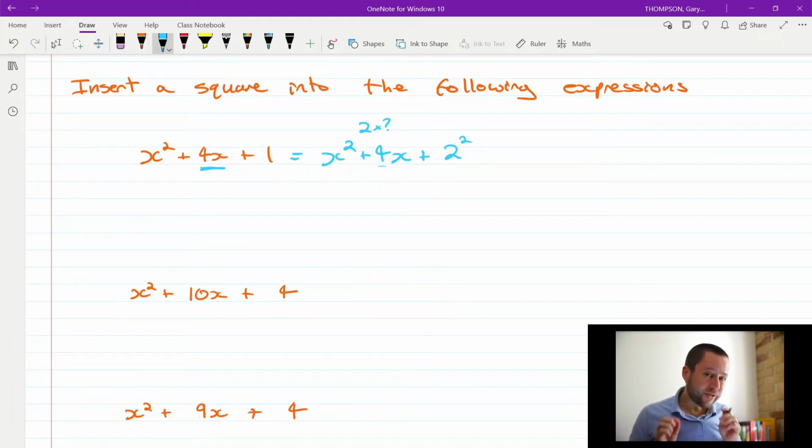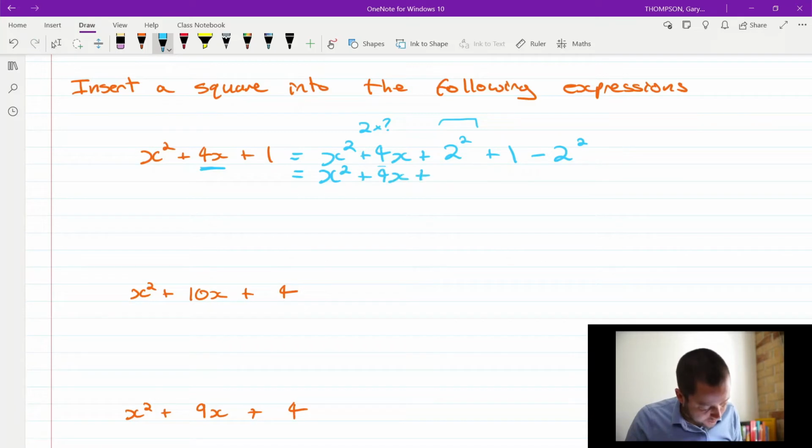However, I'm inserting a square into an existing expression, so I have to preserve the existing expression. So I've got plus 1. But I've added this 2 squared, so I've modified the value of the expression. I need to cancel that 2 squared out by subtracting 2 squared. I'm going to tidy up, but I want to keep my square inside the expression. So this is going to be x squared plus 4x plus 4.